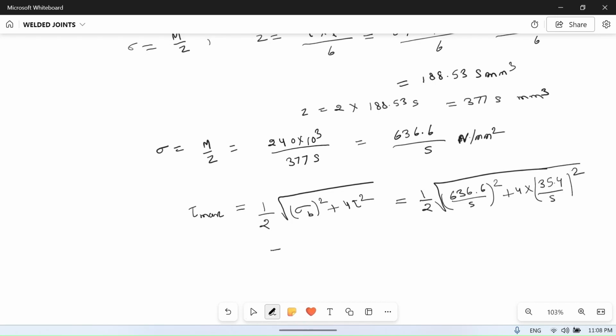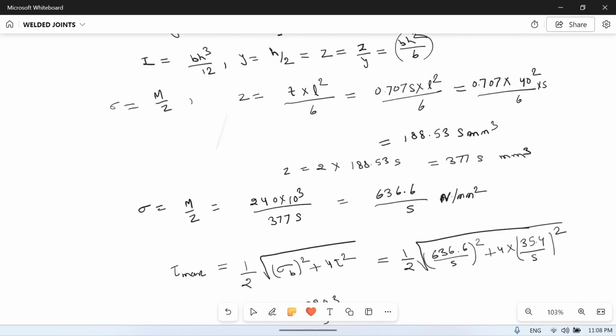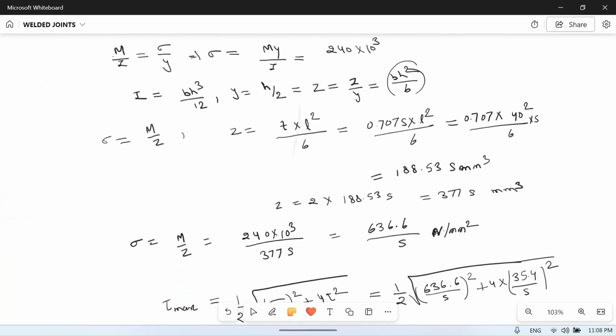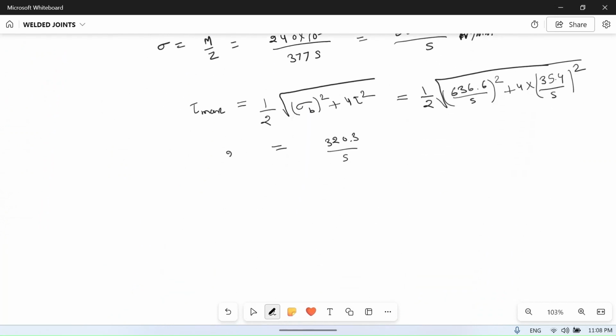So it will be equal to 320.3 by S. Now tau maximum is also given to us in the question, which is 25 Newton per mm square. So this will be equal to 25. From here S will be equal to 320.3 divided by 25, which is equal to 12.8 mm. So this will be the size of weld.